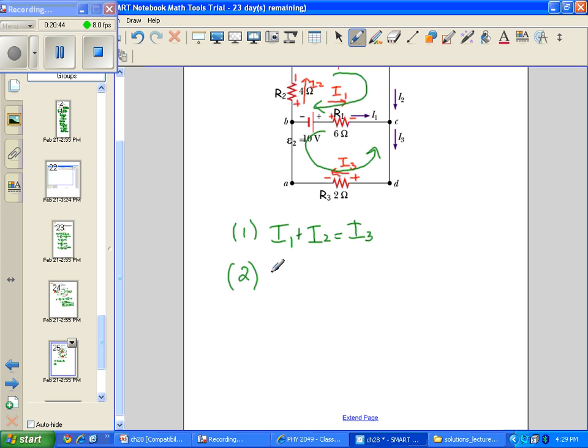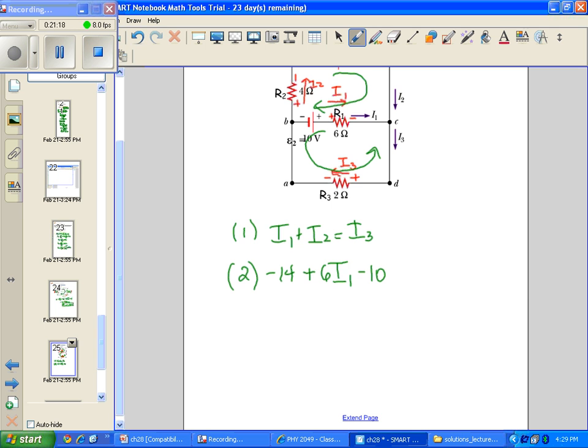Because I am going from positive to negative, I have a minus 14, and again I leave out the unit, plus 6I1, since you can see that the direction of my loop takes me from the negative side of R1 to the positive side of R1. So I have a plus, or potential rise.